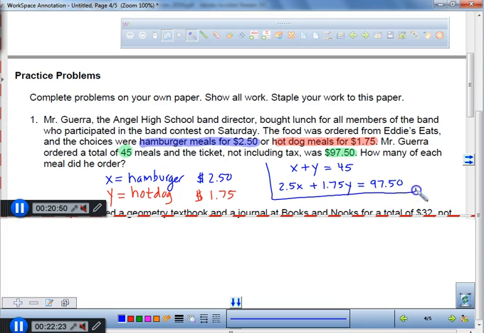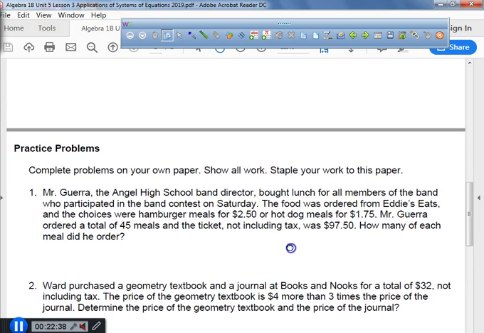That right there is the system of equations that goes with problem 1. So just write down the system of equations. We will solve them tomorrow. Today, just set them up. Tomorrow we solve.